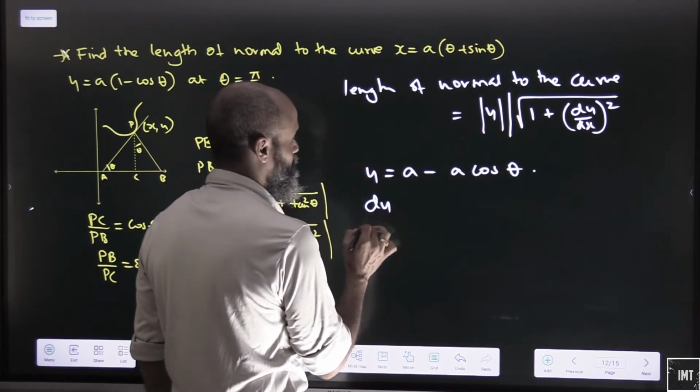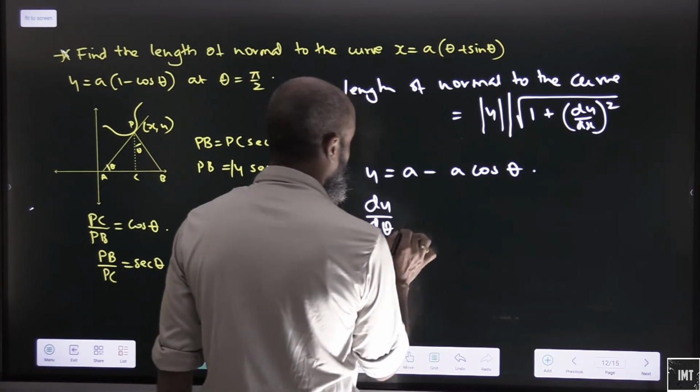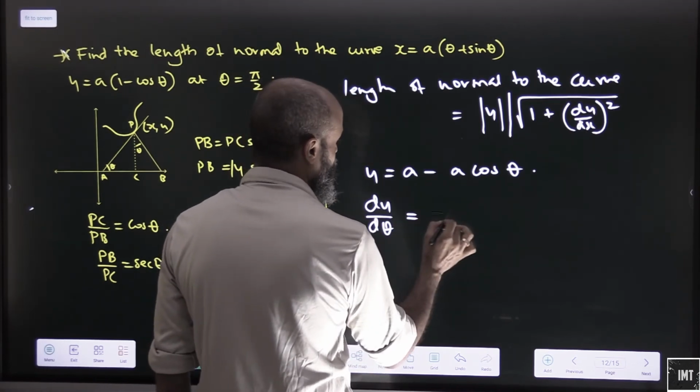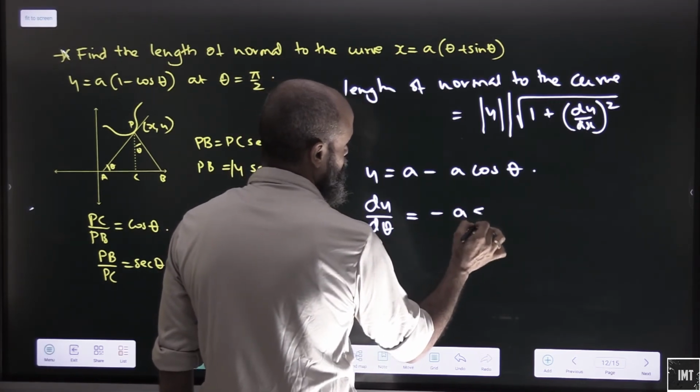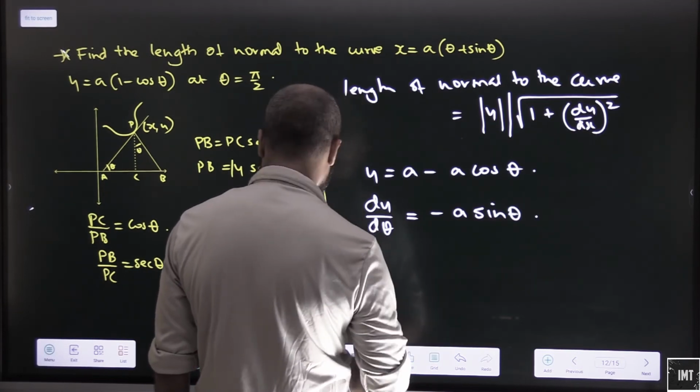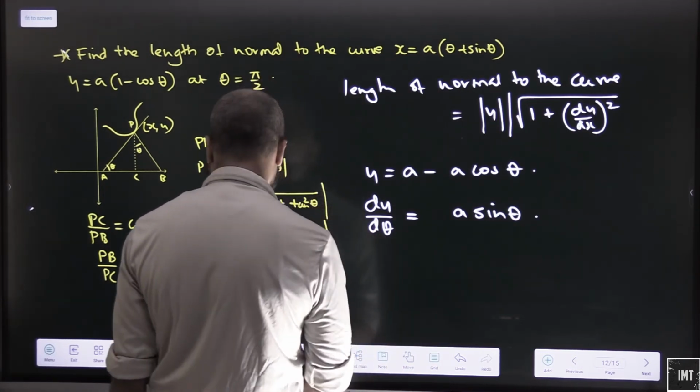Let's say we have the curve y is equal to a minus a cos theta. So dy by d theta will be equal to a sin theta.